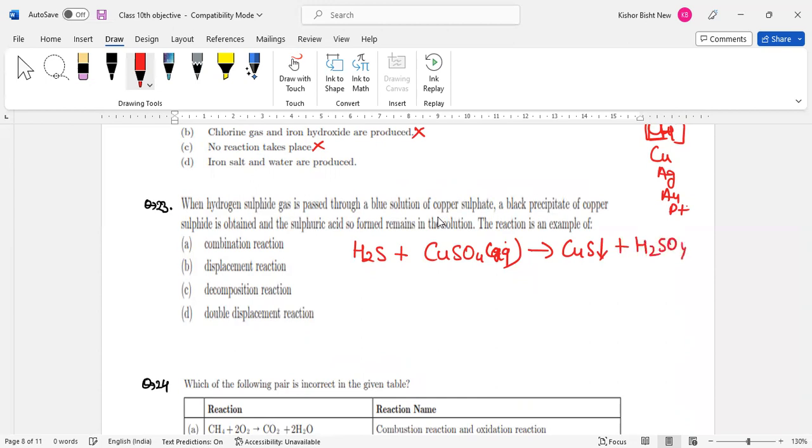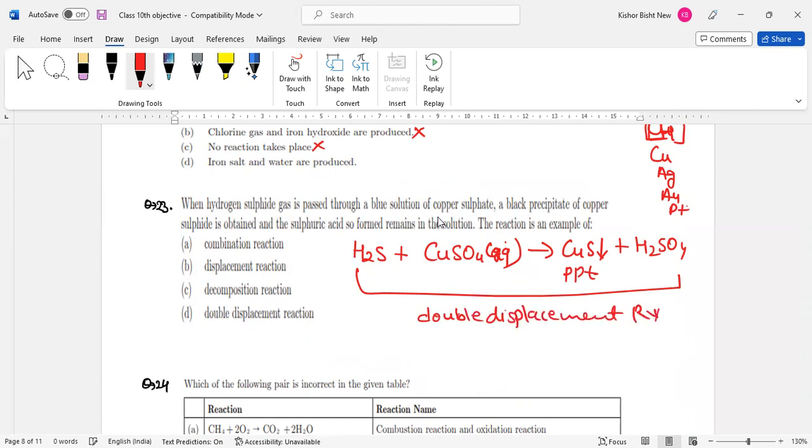I told you that whenever a precipitate is formed, the reaction is a double displacement reaction. Please remember the colors also: this is black, and copper sulfate is blue. So double displacement reaction is the correct answer. No need to think too much about this.